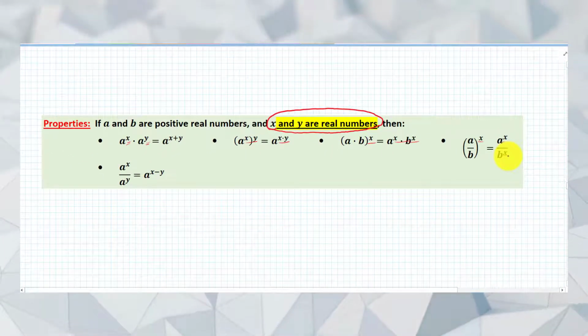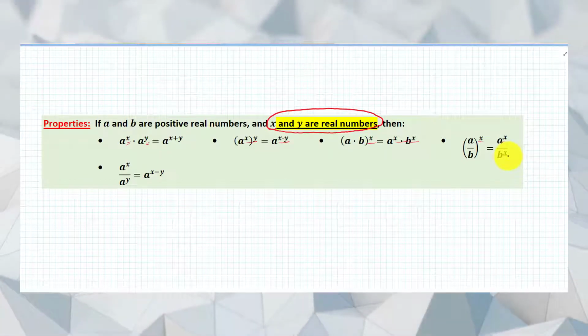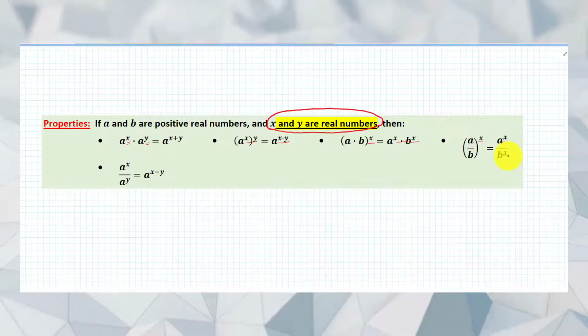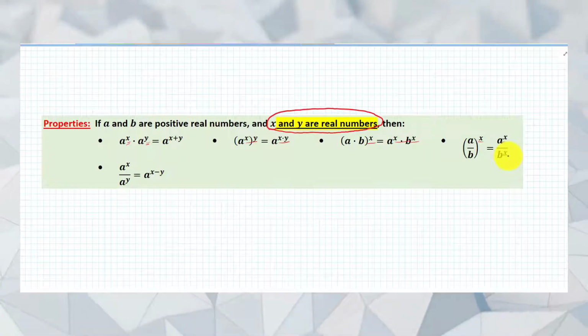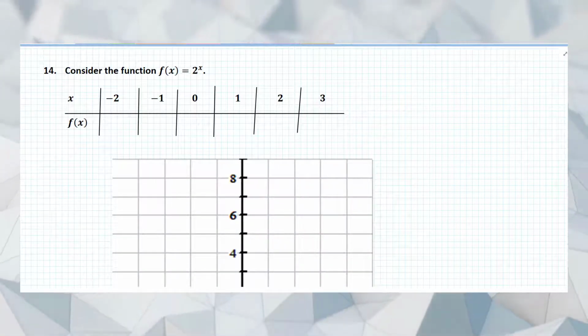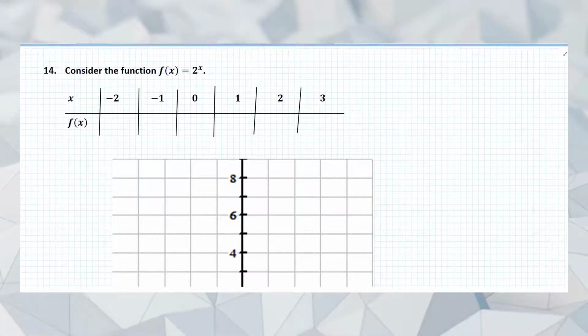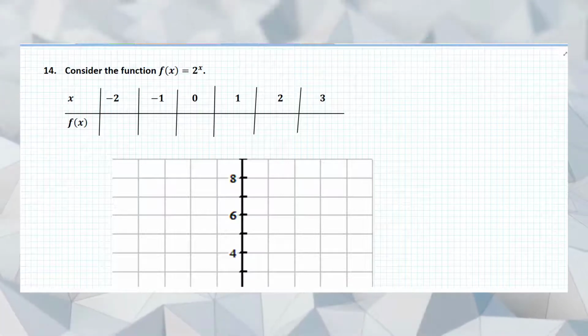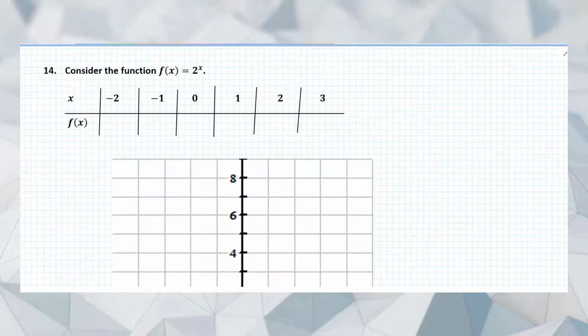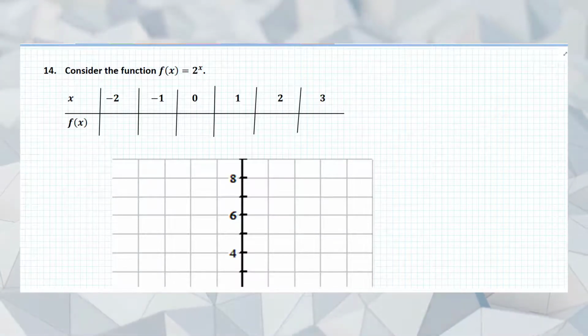Let's now consider the graph of an exponential function. Basically, there are two types of graph depending on the value of the base. All right, the first function I want to look at is f of x equals 2 to the x. This is a very nice exponential that will give us a lot of points, okay? So if the input is -2, what is f of -2?